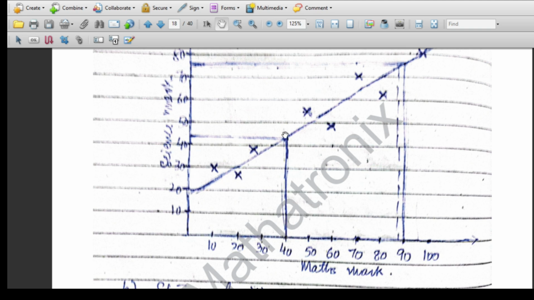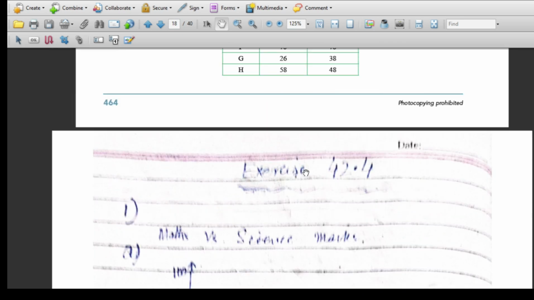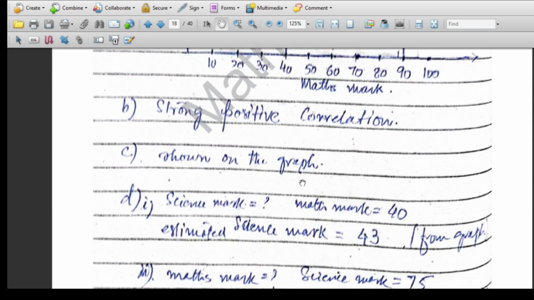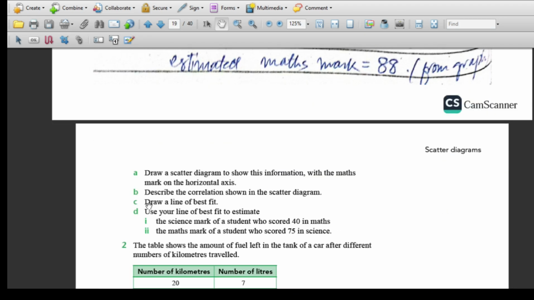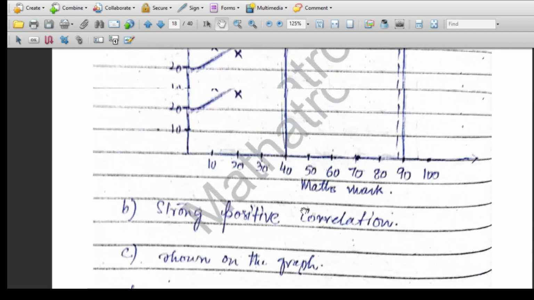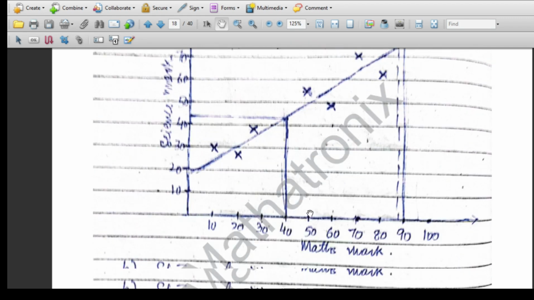So there is a strong positive correlation in this data, and the line of best fit we have placed here is close to all the data points.